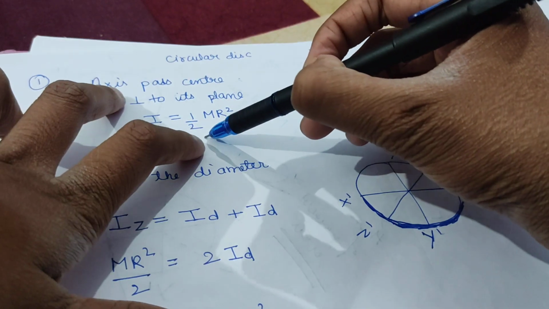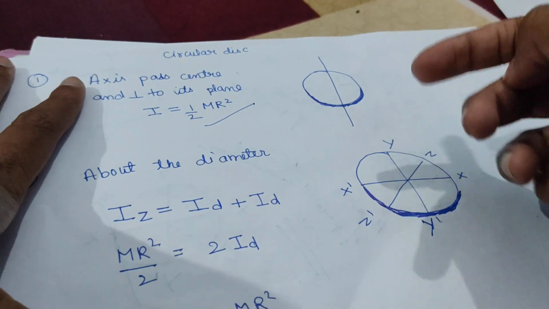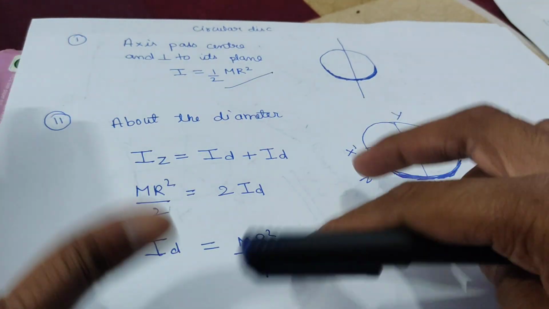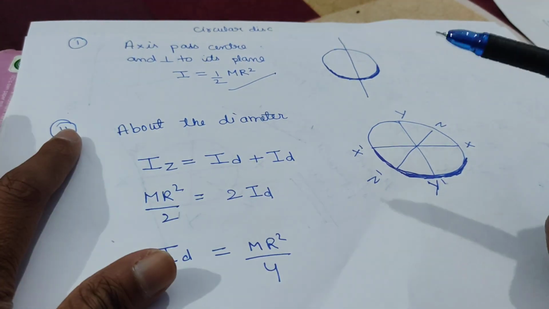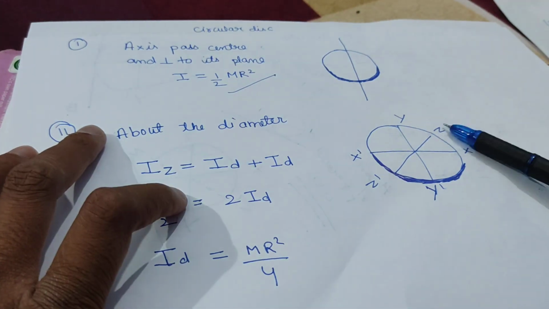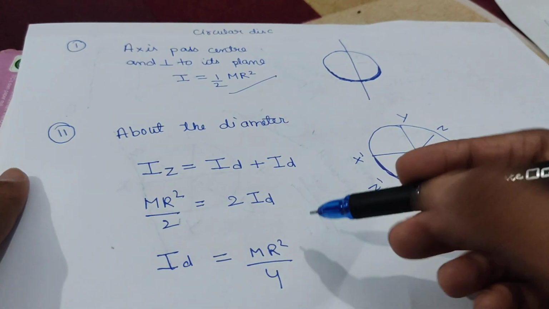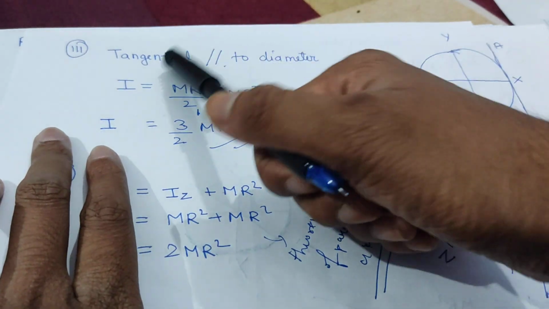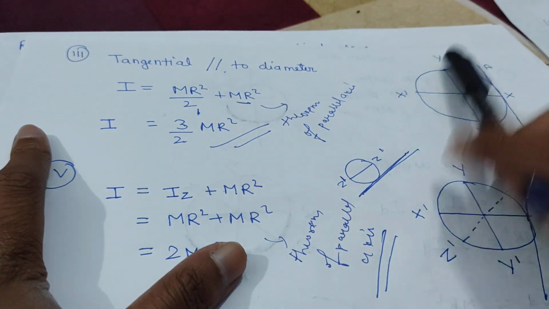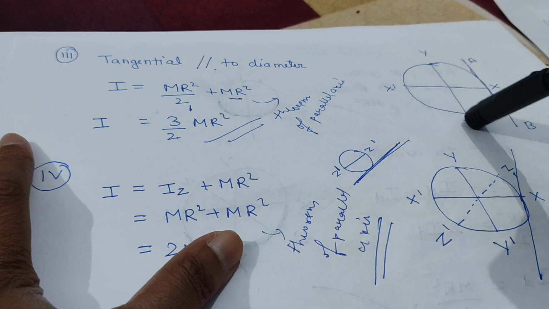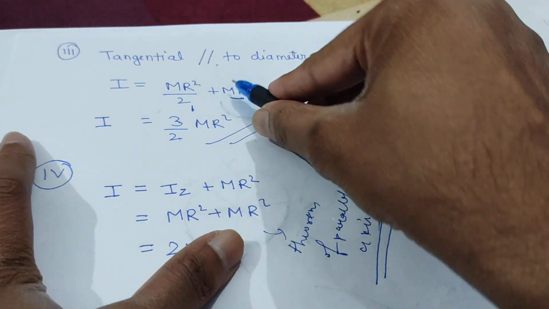So it has half mr square, and we have to do similarly to what we did for the circular ring. About the diameter, we add Id plus Id, which is 2Id, and it becomes mr square by 4. And now for an axis tangential and parallel to the diameter, it will be mr square.